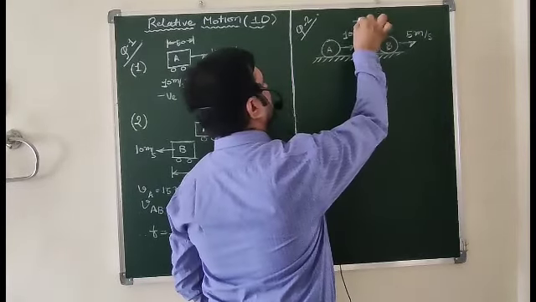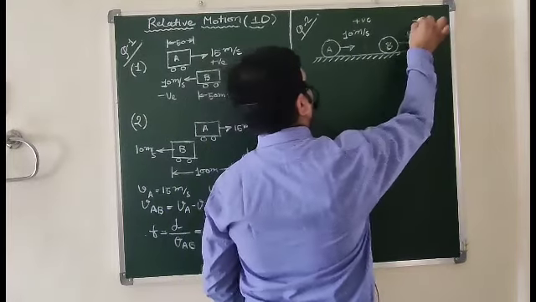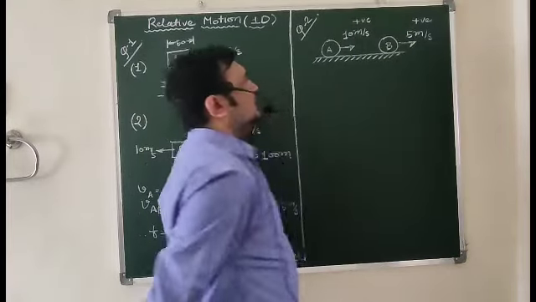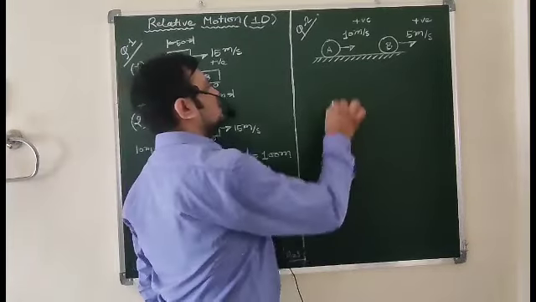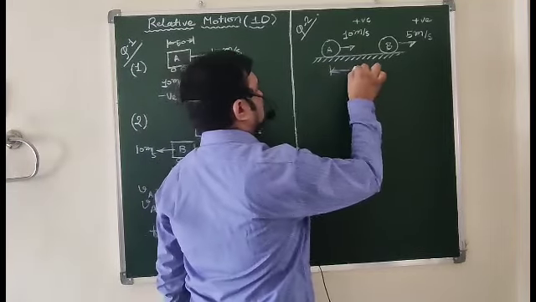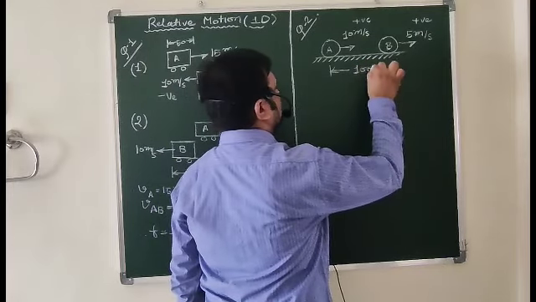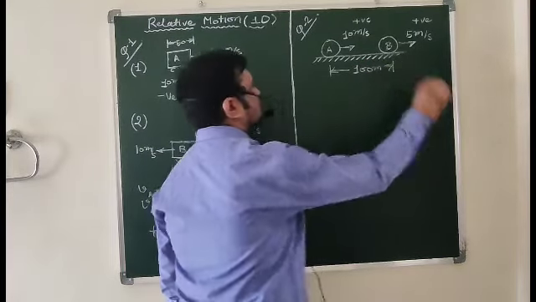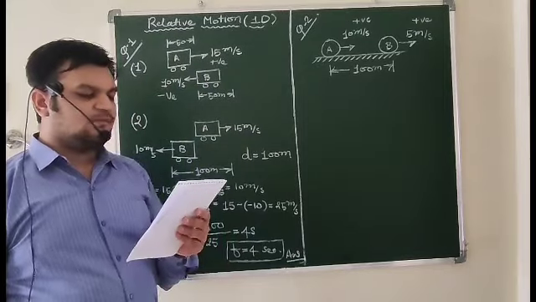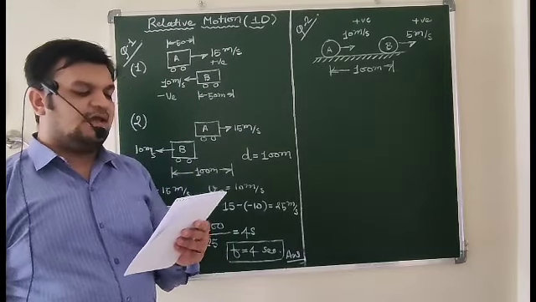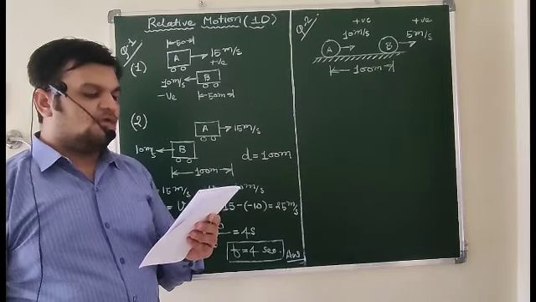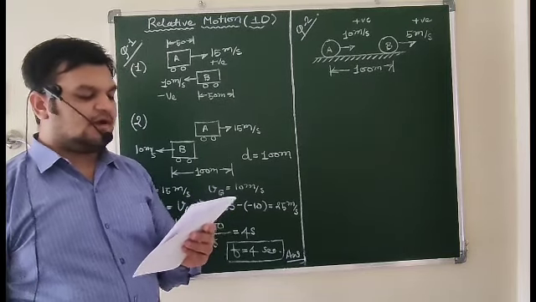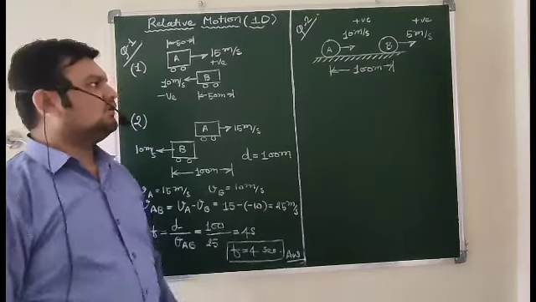Both are moving in the positive x direction and the relative distance between A and B is 100 meters. So it is said that object A is 100 meters behind object B. Now we have to find the time taken by A to meet B.